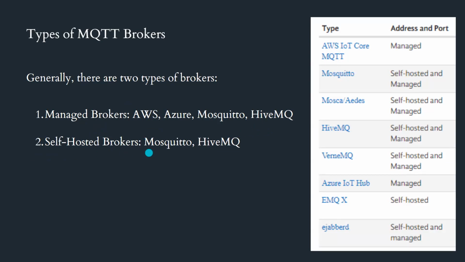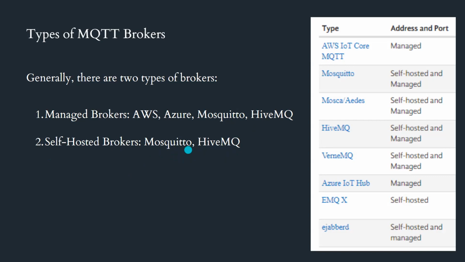Also, Mosquitto and HiveMQ provide us open source server software for us to access, which is freely available for us to use. So self-hosted brokers like Mosquitto and HiveMQ can be implemented on our own servers or our own laptops, on our own devices.